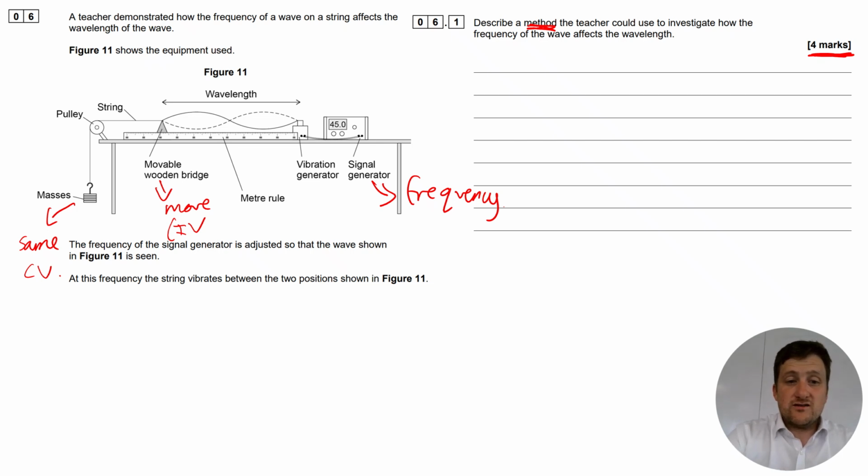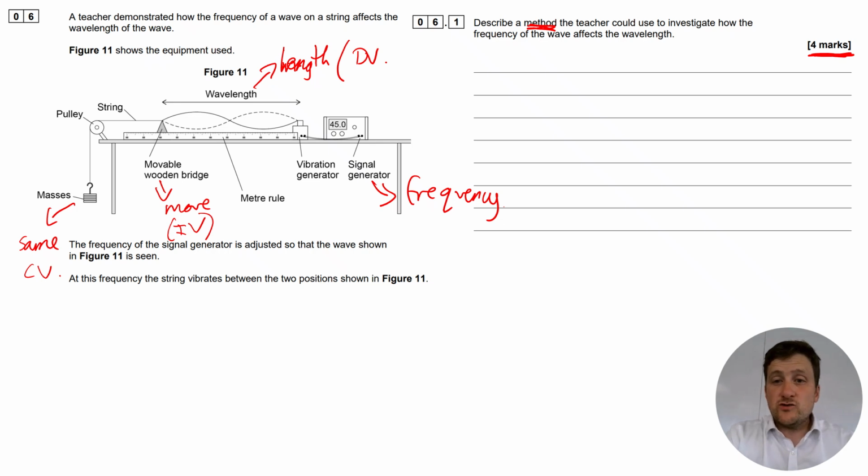And we're going to move the adjustable bridge, potentially, but actually we're going to adjust the frequency potentially too. What are we going to measure? Well, that's where labeling the diagram is important. We're going to measure the length. That is our dependent variable as well.